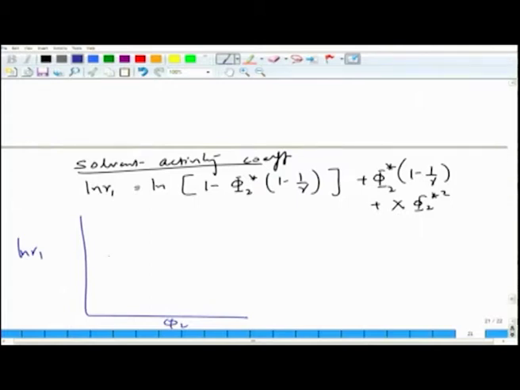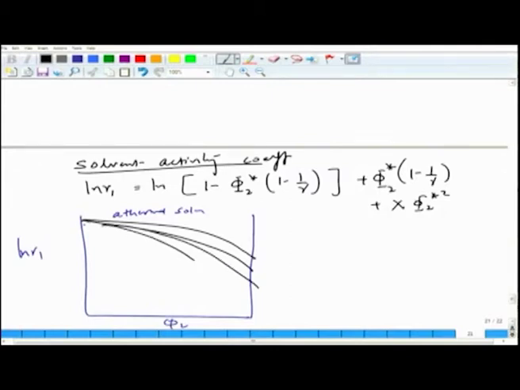When you consider an athermal solution, you will see something like this, where r increases along with that, and this corresponds to r infinity.